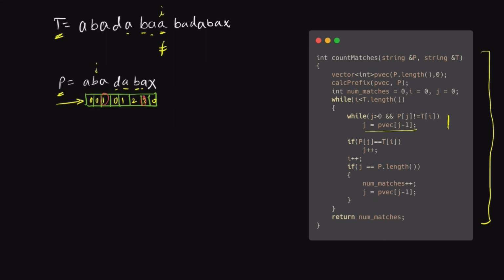And you can see that it still does not match. So you have no choice but to go to j equals 0. Now when you are at that position with j equals 0, you notice that it's a match. The characters at i and j match, so you will increment both i and j.